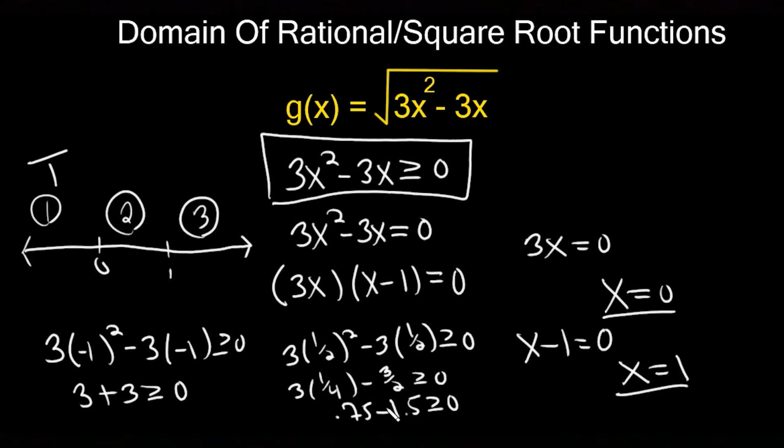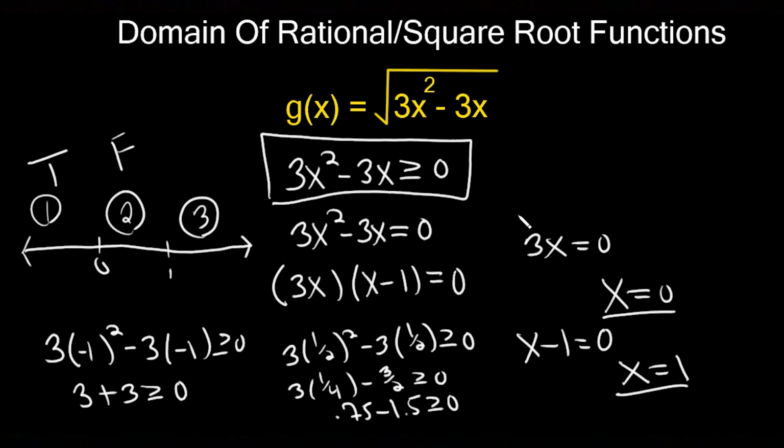So we know that on the left-hand side here, that's going to result in a negative number. And in particular, it's going to be negative 0.75. So negative 0.75 is not going to be greater than or equal to 0, meaning region 2 is false. That does not work. So now we have to test region 3, and then we'll be done. And I'll show you how to put it all together from there.